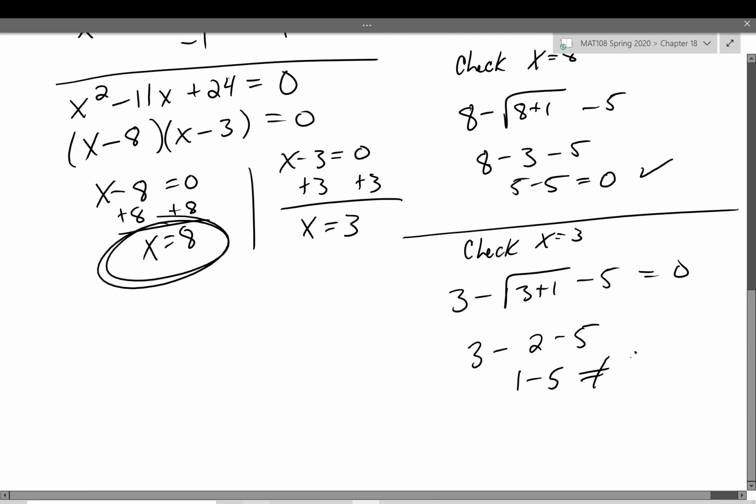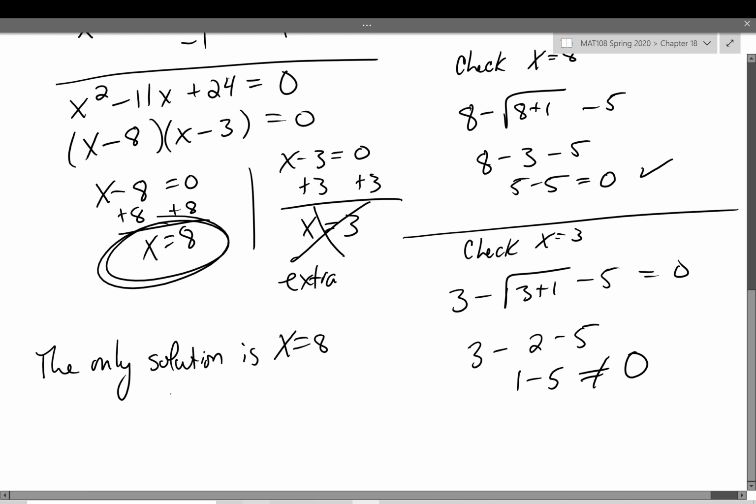And I know 1 minus 5 does not equal 0. So I put an X, write the word extraneous, okay, and call it a day. So the only solution is x equals 8. Another way to write that is like that, okay? Next problem.